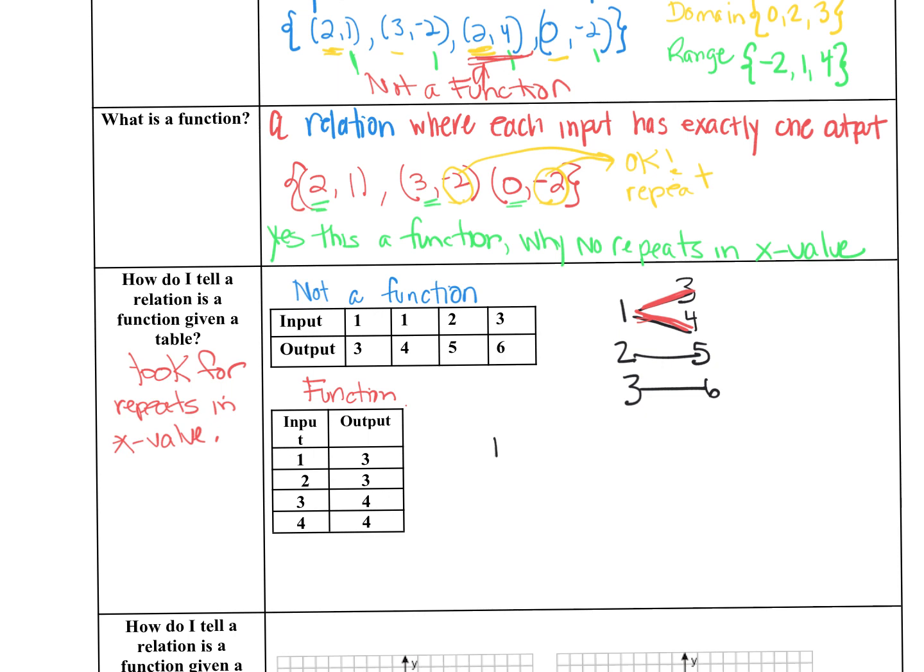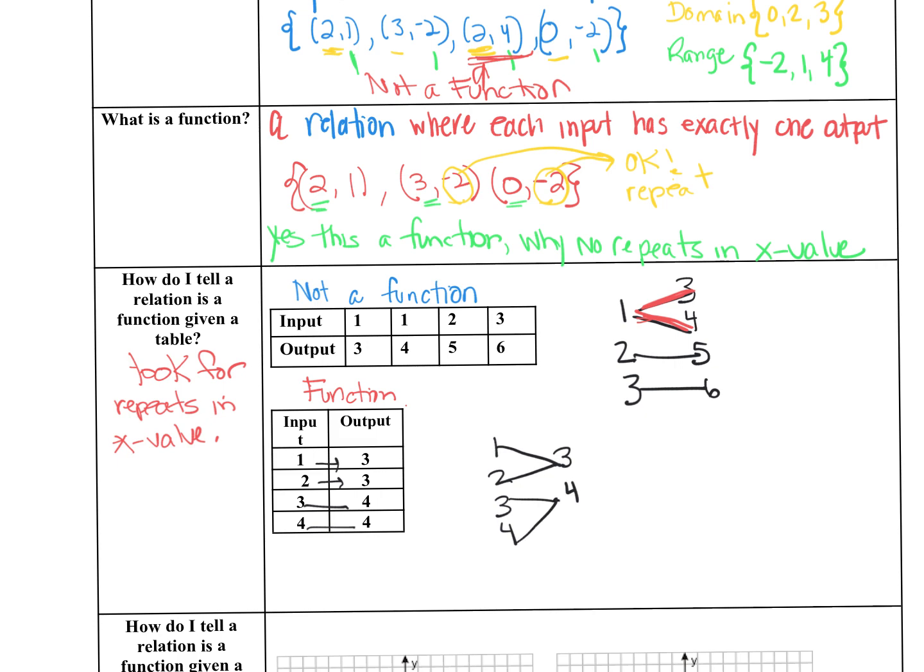Okay, let's look at the map of the next one here. If we have 1, 2, 3, 4, and then we have a 3, another 3, a 4, and another 4. Okay, so let's go ahead and start to map this. 1 goes to 3, 2 goes to 3, 3 goes to 4, 4 goes to 4.